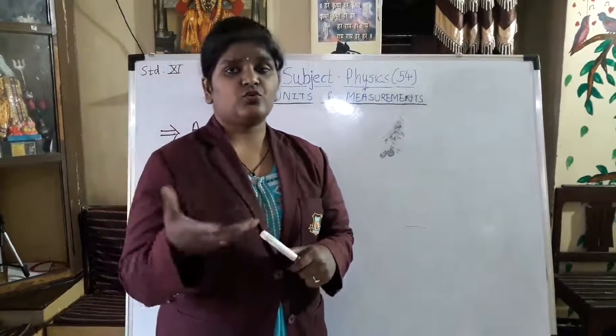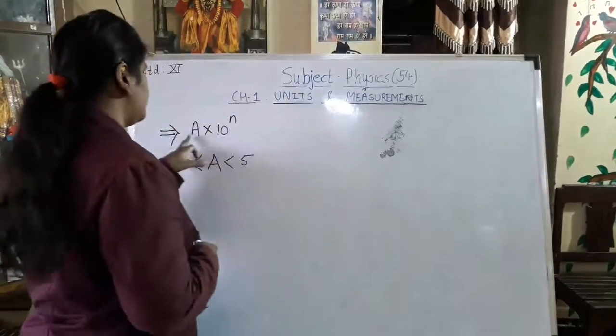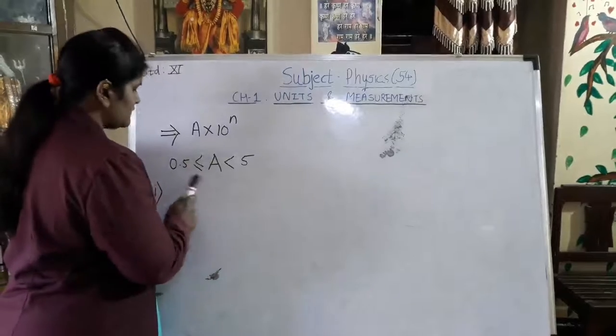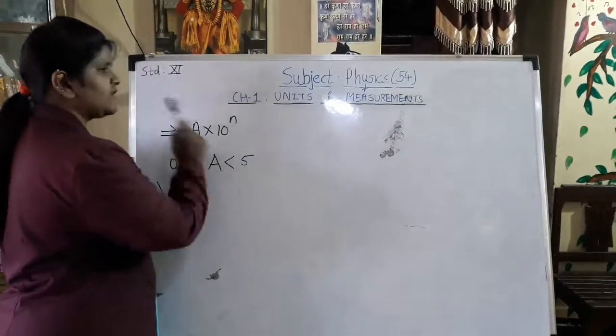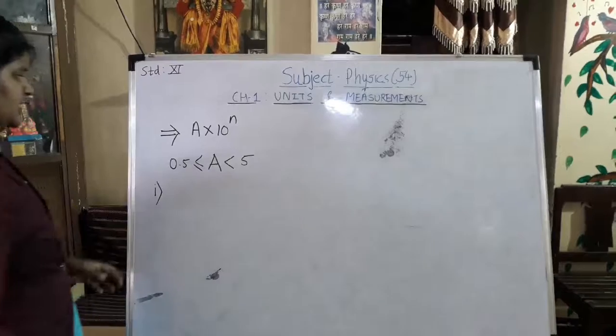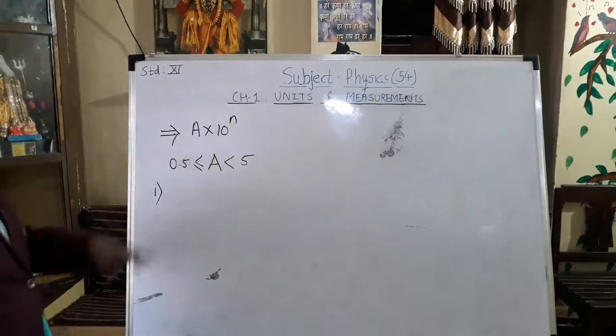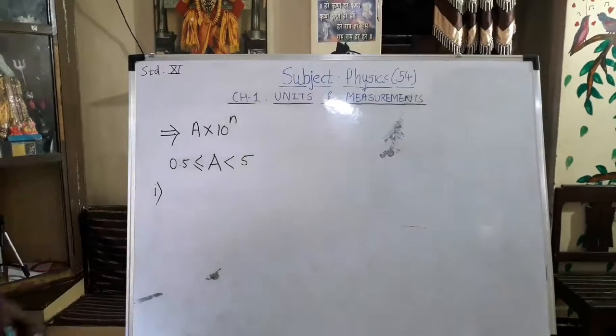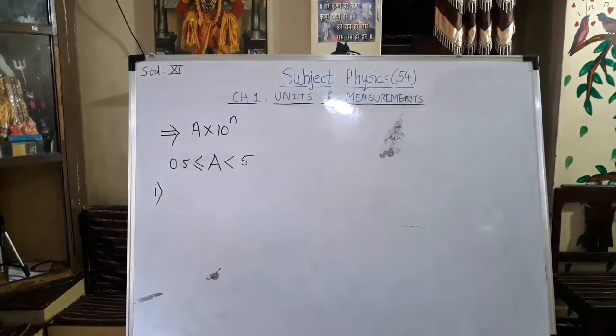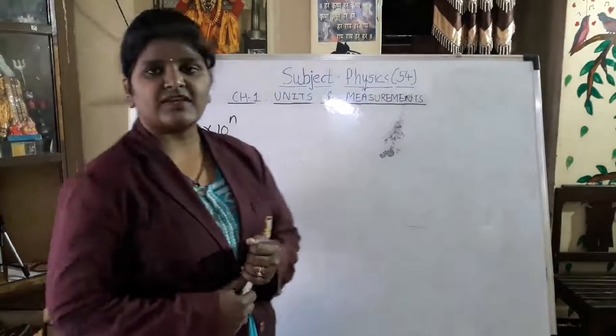Now, I told you about n, but what is a? A should be a number which lies between 0.5 and 5, so that should be greater than or equal to 0.5 and less than 5. Any number in this format can be considered to follow the rules for significant figures.